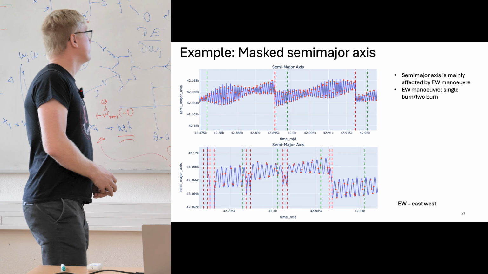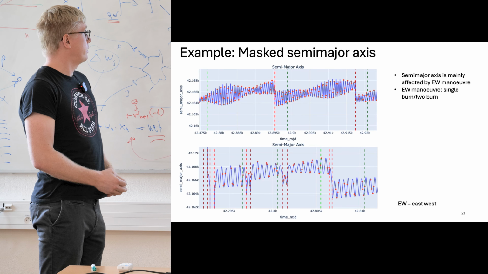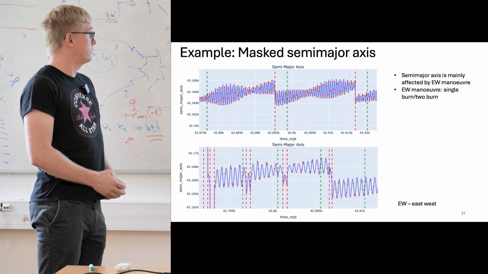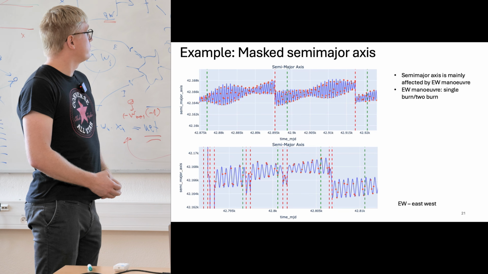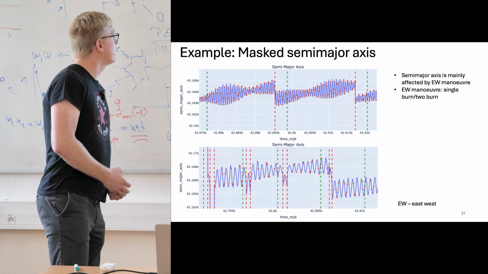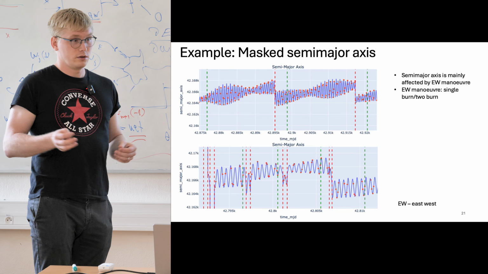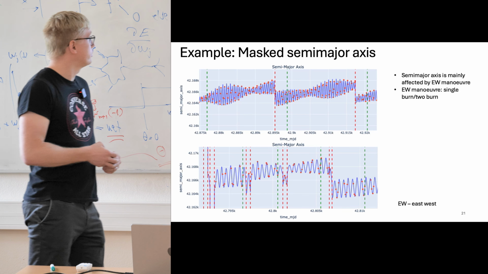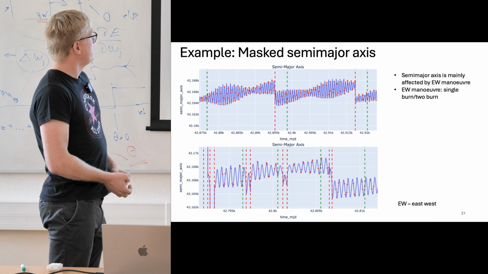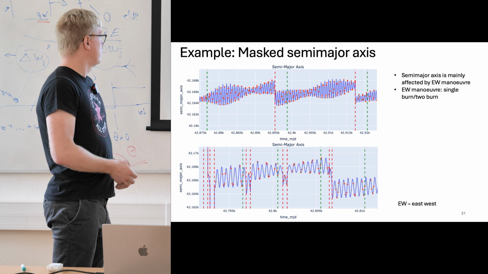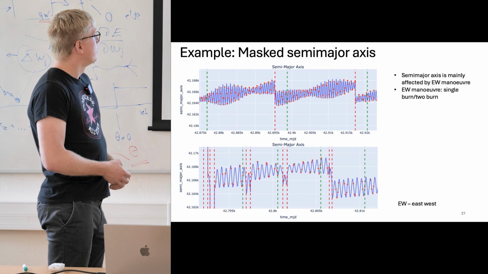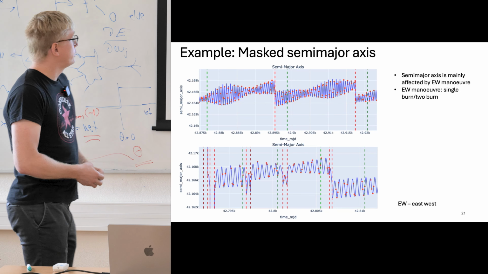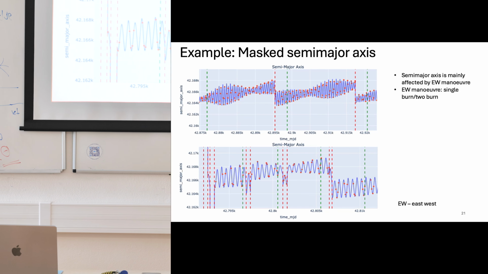And here you can see, for example, the semi-major axis of one particular satellite. The blue line is the full, original simulated trajectory of the semi-major axis. The red dots denote the masking, and the vertical lines denote the maneuvers.